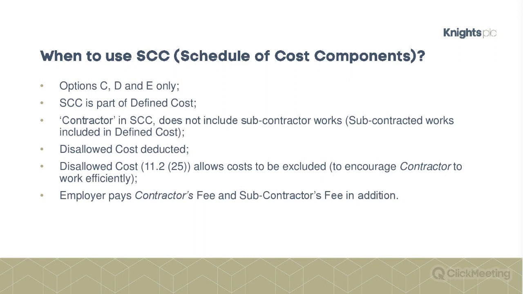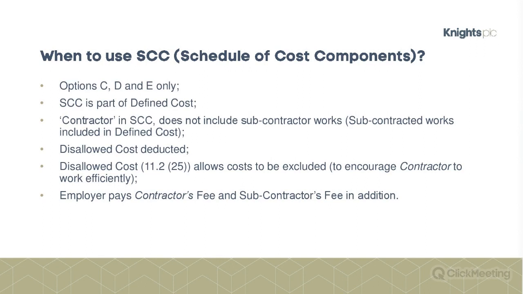It sets out, it pretty much lists the categories of people, machinery, plant, etc., that you can claim for as you go along. Now, obviously, with options C and D, there's then the day of reckoning at the end of the project as to whether you've come in under target based on the applications based on the schedule of cost components, or over target, and whether there's going to be any bonus paid, or alternatively money being paid back.